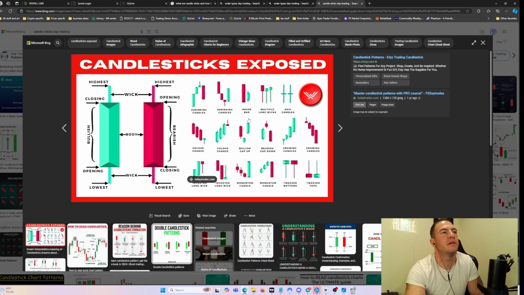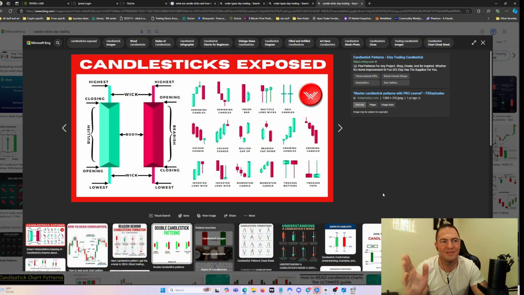Now, here's also, as you can see, some different candlestick patterns. I'm not going to entirely go over all the patterns today, but it's very easy to just Google candlestick patterns for trading. It doesn't matter if they're for crypto, stocks, or Forex.